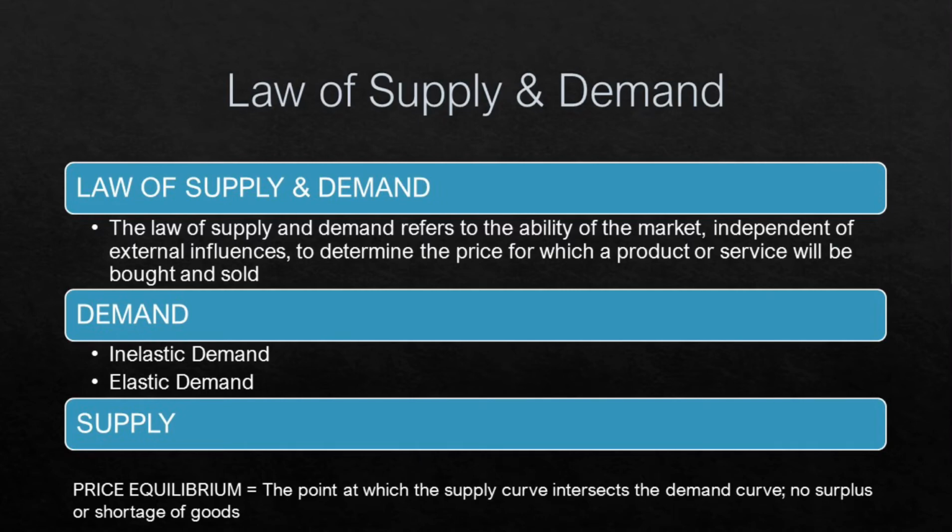Together, supply and demand form the basis for the law of supply and demand, which defines the relationship between the quantity of a certain product demanded and the quantity supplied by the manufacturers or suppliers. Within the supply and demand curves, we have a point that's called the equilibrium point.